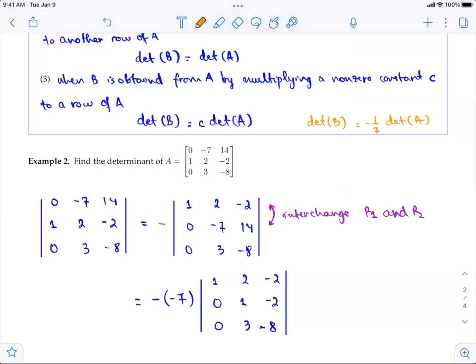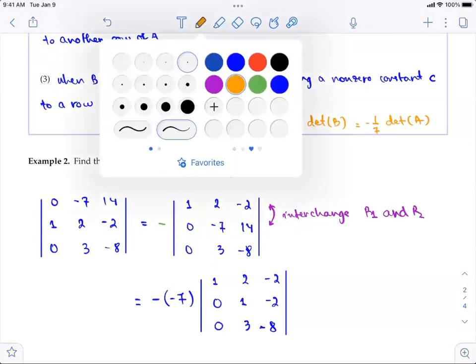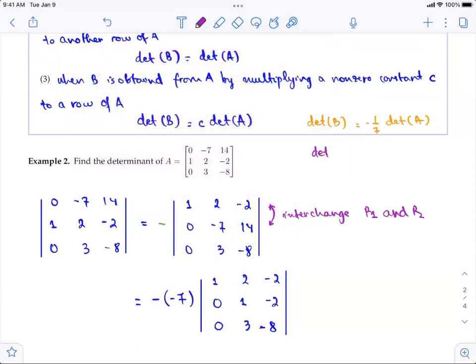But again, what are you looking for? You're looking for the determinant of A, the determinant of the original matrix. So therefore, you have to rewrite this equation so that you get the determinant of A is equal to -7 times the determinant of B. So in other words, instead of multiplying a non-zero constant to a row of A, you factor the number from the row out of the determinant.